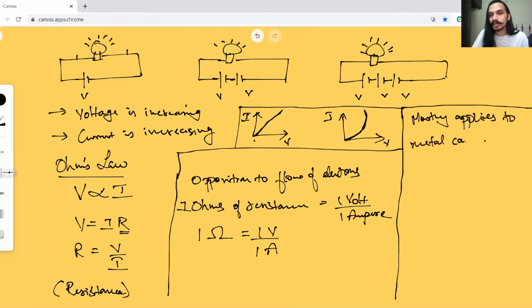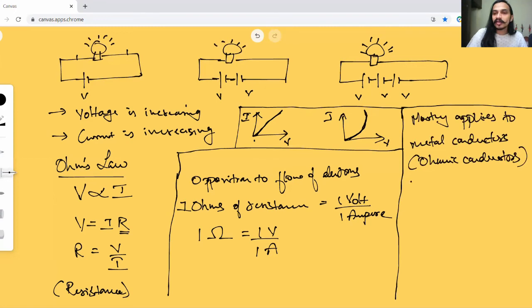We also call these ohmic conductors. So an ohmic conductor is any conductor that obeys Ohm's law. Meaning if I use that conductor in my circuit, definitely my voltage and current will be directly proportional. However much I increase voltage, that much current will also increase.